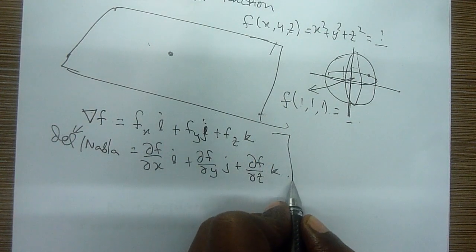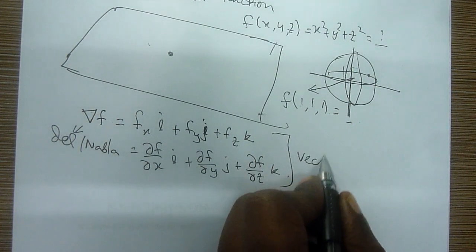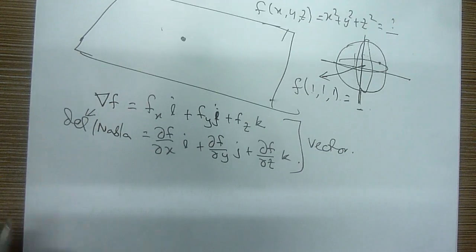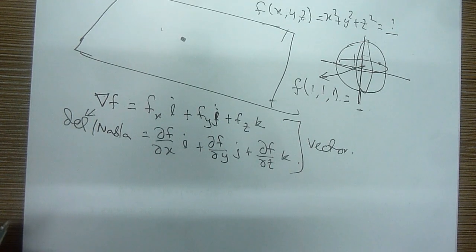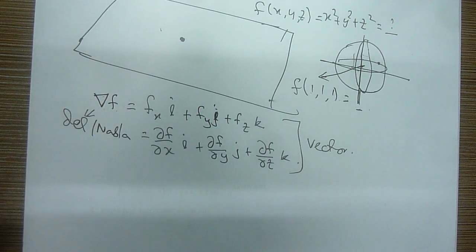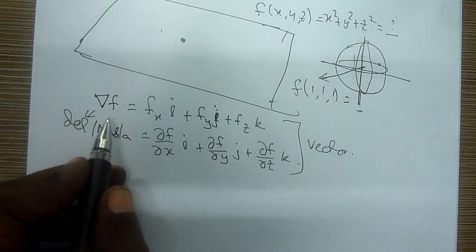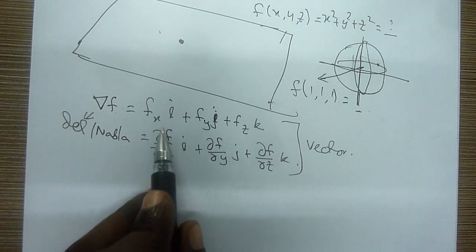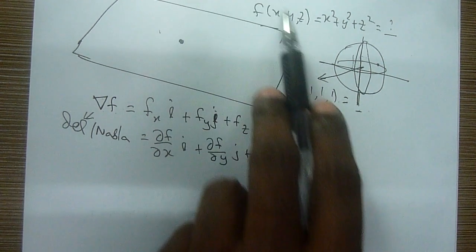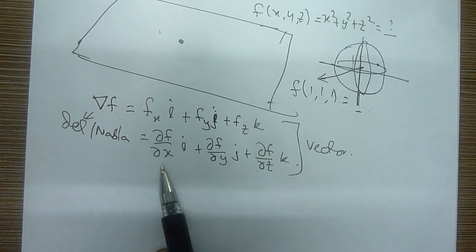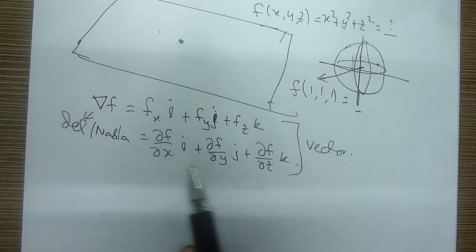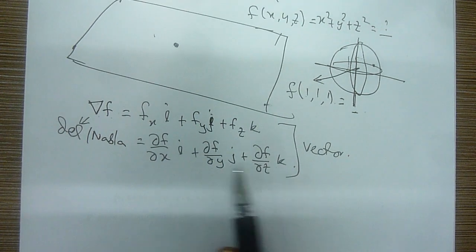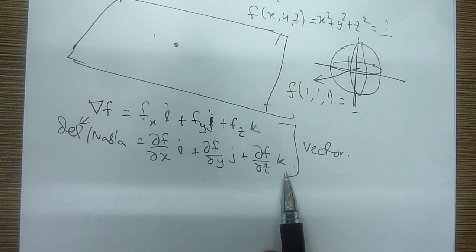But can you notice this is a vector? Okay, this is a vector. Therefore, the definition of gradient is nabla F. When you use nabla F, we are referring to the gradient of scalar functions. See, we are identifying the gradient of each scalar function in the vector form.